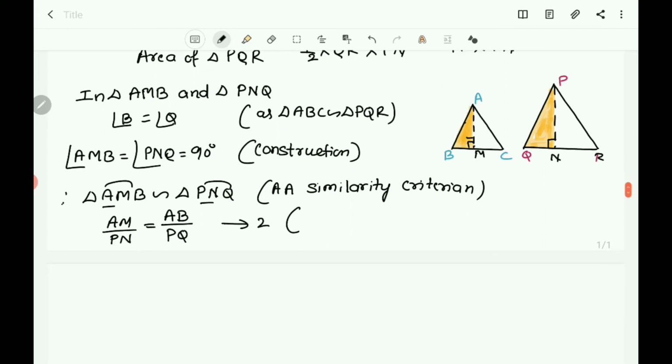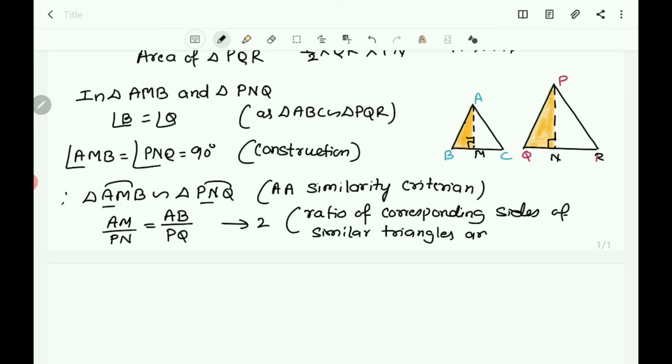The reason is: the ratio of corresponding sides of similar triangles are equal. So you got AM by PN is equal to AB by PQ, as you proved that triangle AMB is similar to triangle PNQ.